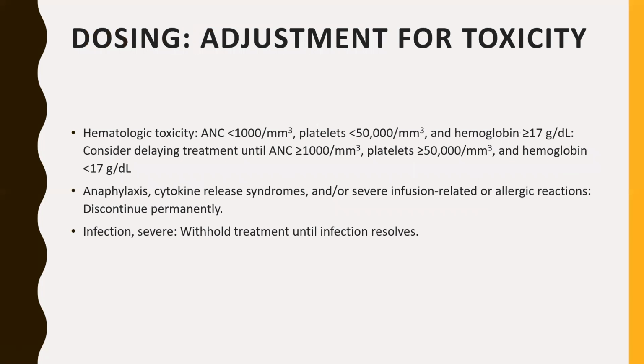So, dosing adjustment for toxicity. For hematologic toxicity, adjust the dosing. And we have here also for anaphylaxis, cytokine release syndromes, and or severe infusion-related allergic reactions, discontinue permanently. For infection that is severe, withhold treatment until infection resolves.